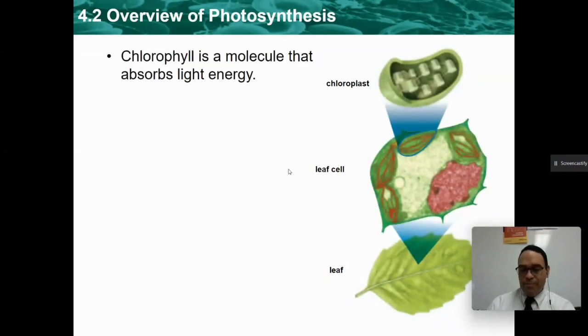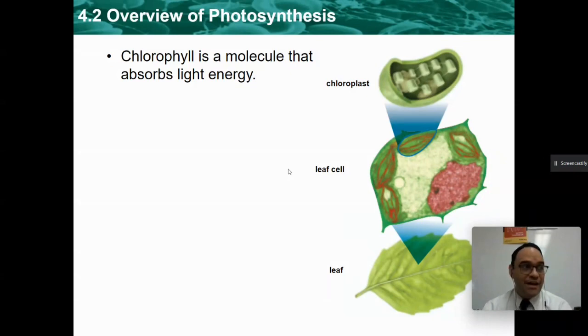So scale is important here, and I find students have a hard time understanding how small the things we're talking about are. A leaf is something you could see with your plain old naked eye. Inside of a leaf is a cell, and that plant cell is microscopic.